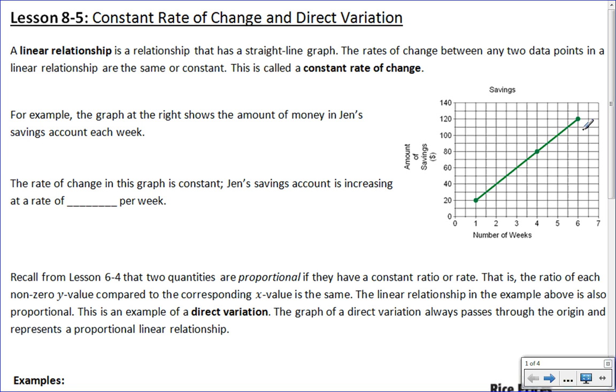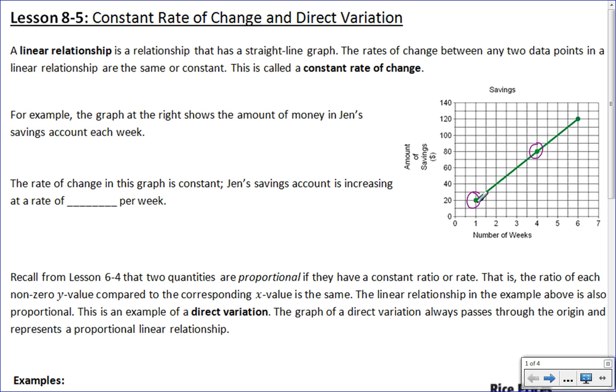So in this case, if we wanted to find the rate of change, it says the rate of change in this graph is constant, and the savings account is increasing at a rate of blank per week. So we'd find the rate of change just like we did in lesson 8.4. We would choose two data points, so let's use this one and this one, and we'll just calculate the rate of change.